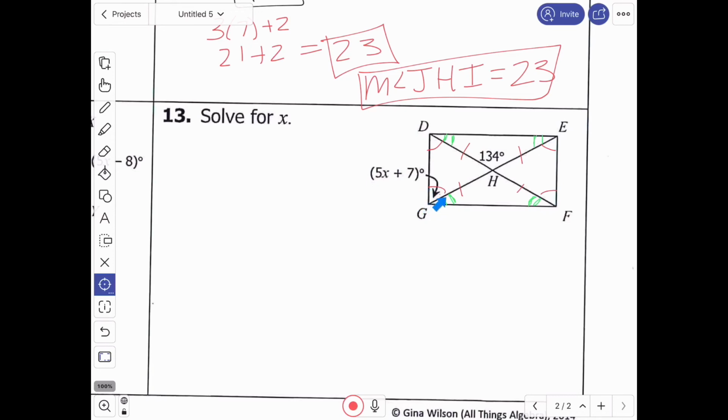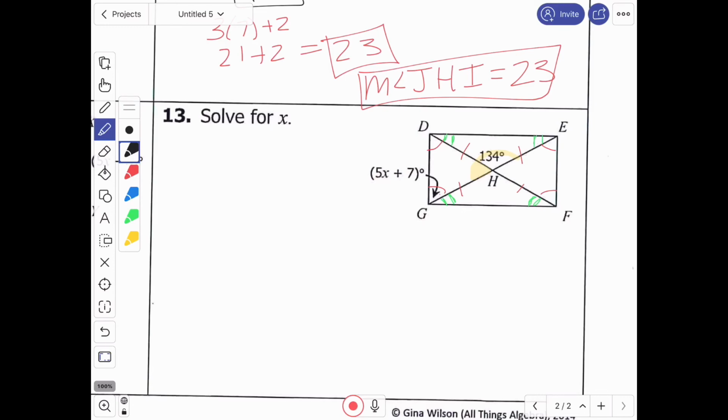Instead, I'm going to use what I know about triangles and isosceles triangles in particular. But first, I want to figure out what this angle is right here at the apex of this isosceles triangle. So if I look at this 134 degree angle and that apex angle in the triangle, those are forming what's called a linear pair.